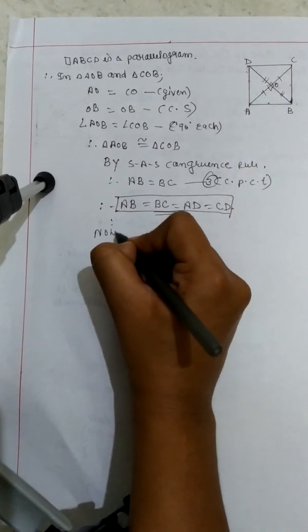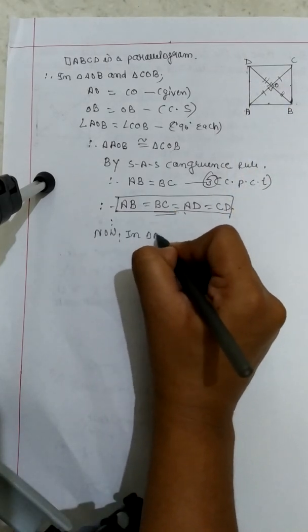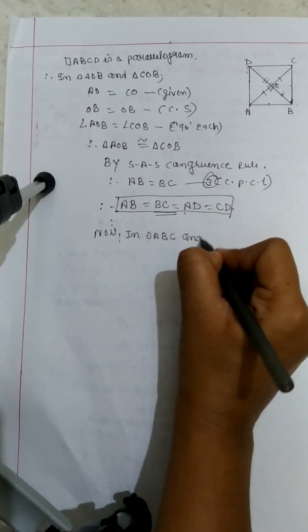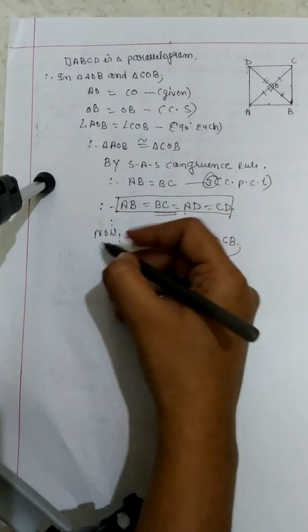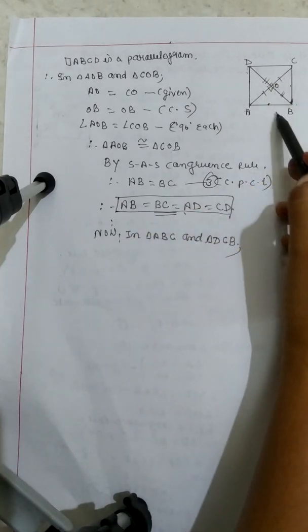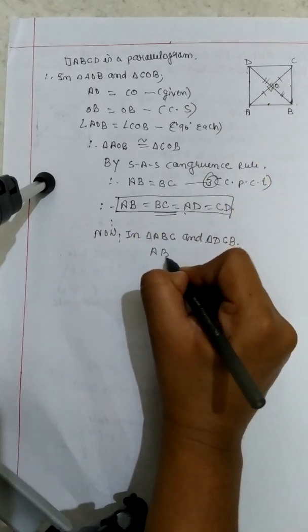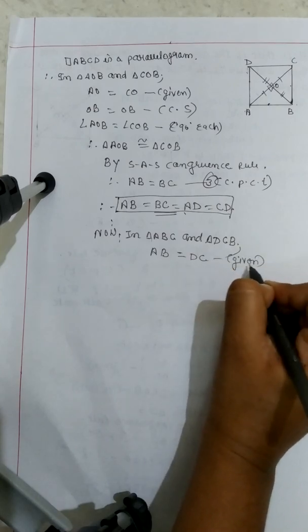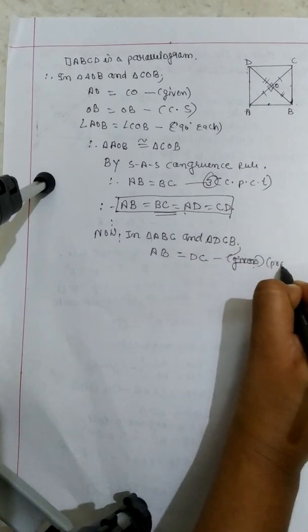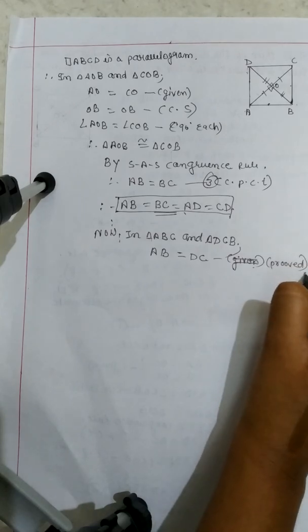Now in triangle ABC and triangle DCB, we have proved opposite sides as equal, so AB is equal to DC, which is already proved, because we have proved that part.